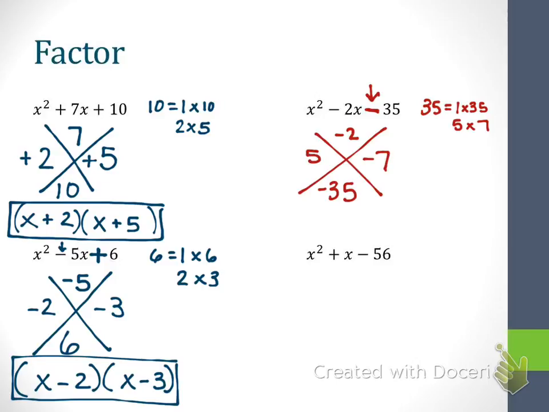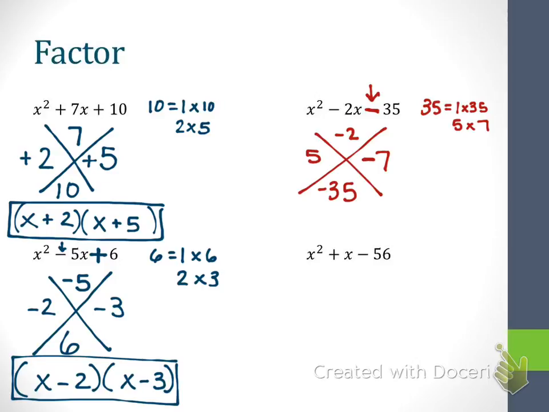negative 7. Here's another shortcut. Whatever the sign of b is, whether negative or positive, is always going to go to the biggest number. So 7.